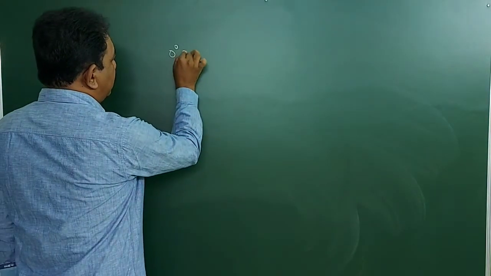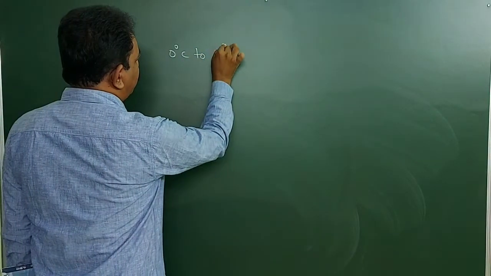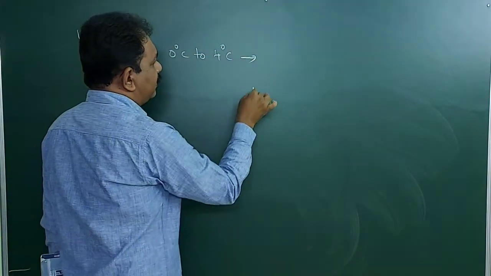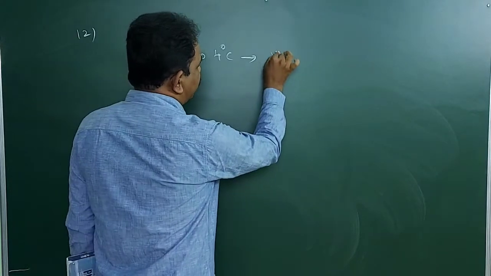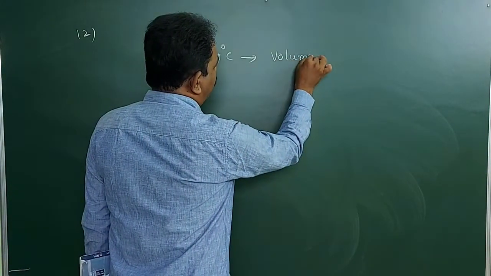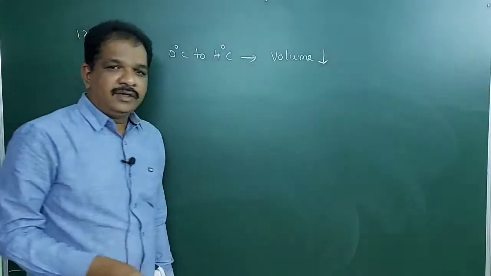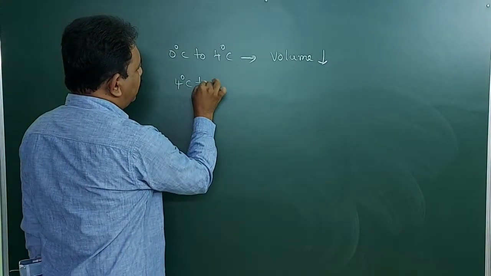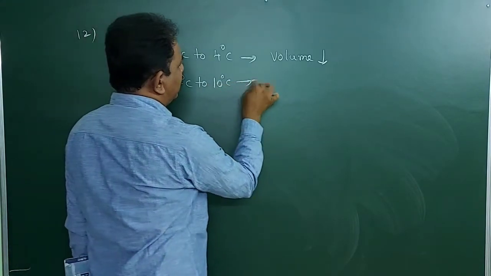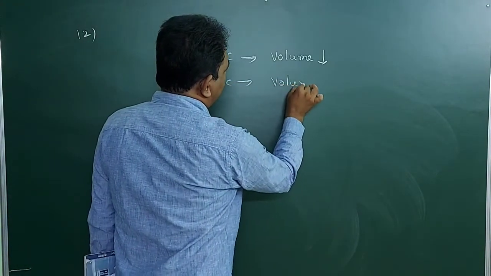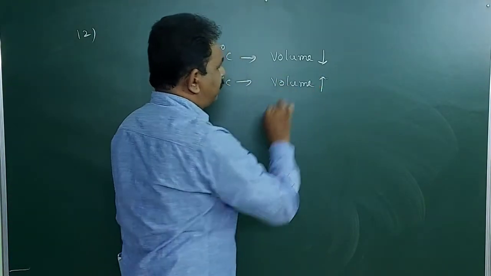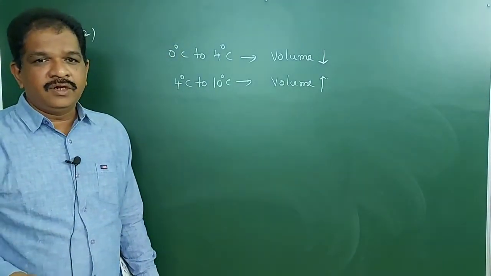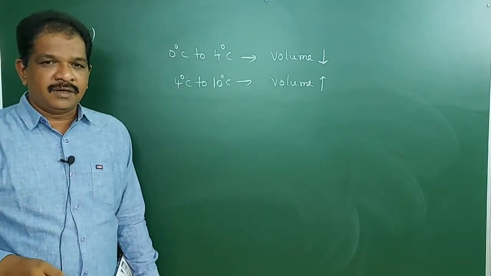So, from 0 to 4 degrees centigrade, on increasing the temperature, volume of water decreases, and from 4 degrees centigrade to 10 degrees centigrade, on increasing the temperature, volume increases, water again expands.